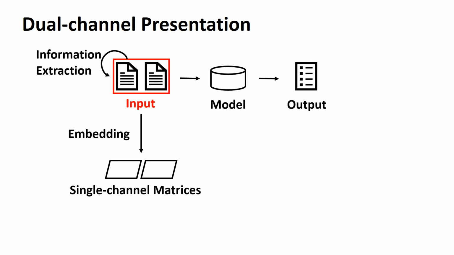Here we use word2vec as the word embedding model. In this way, we get two-dimensional matrices representing bug reports. Such a two-dimensional matrix has only one channel, so we call it a single-channel matrix.